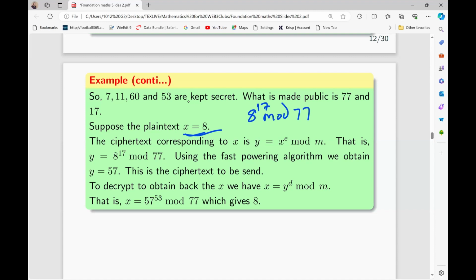Then using the fast powering algorithm, the person computes this and gets 57. This 57 is what he sends to us. So it's us now to decrypt it. We take this 57 and raise it to our private key, which was 53, mod 77, and use the fast powering algorithm to get 8, which was his plain text that he wanted us to read.